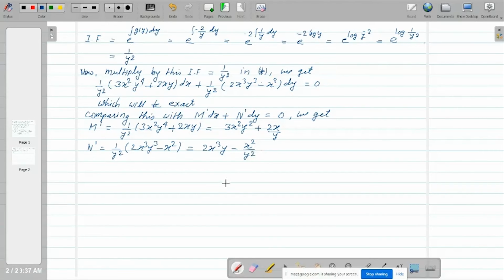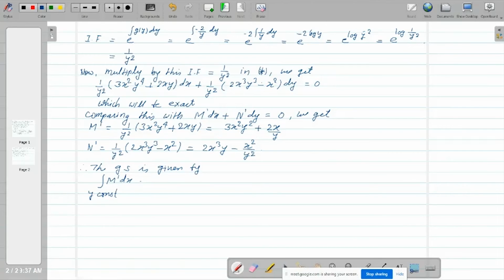Okay. Now our job is to find the solution. Therefore, the general solution is given by integration of M dash dx, treating y as constant.